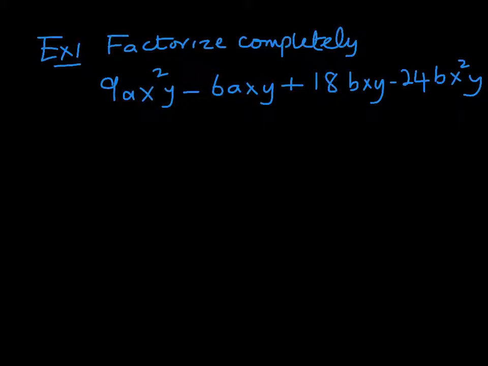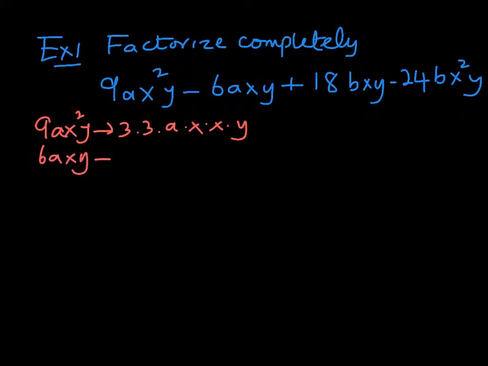So 9ax squared y, what are the factors of 9ax squared y? Well, the factors here are 3 times 3 times a times x times x times y. What about 6axy? Well, the factors here are 2 times 3 times a times x times y. What about 18bxy?